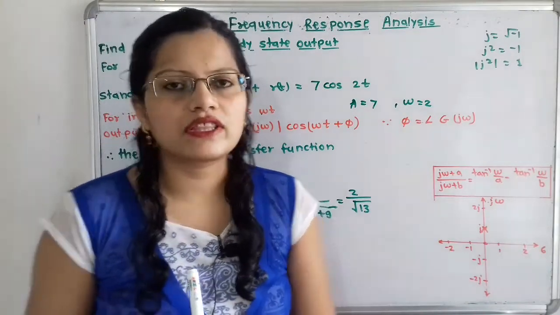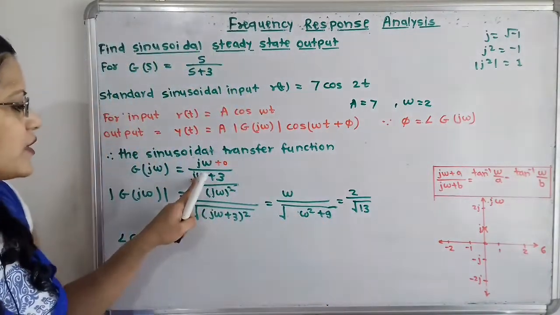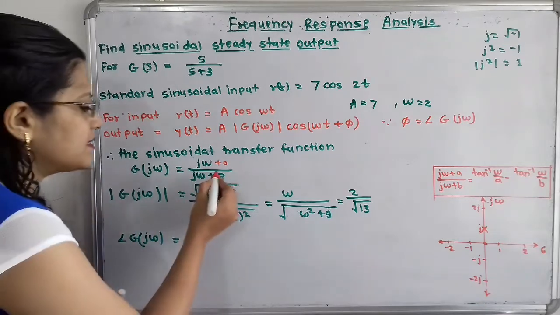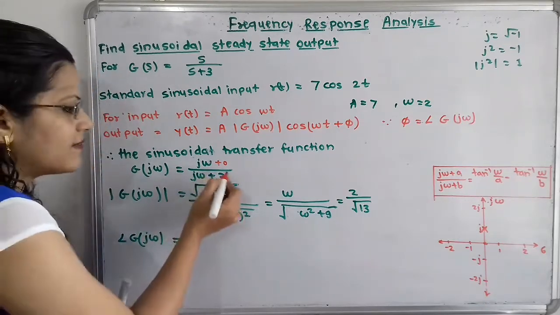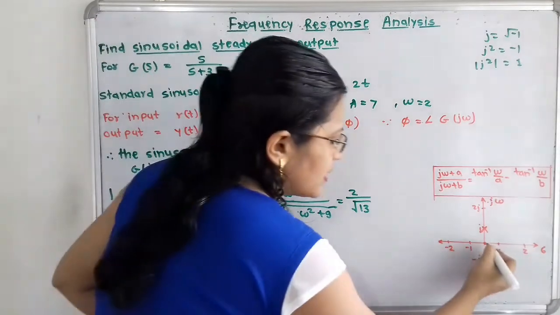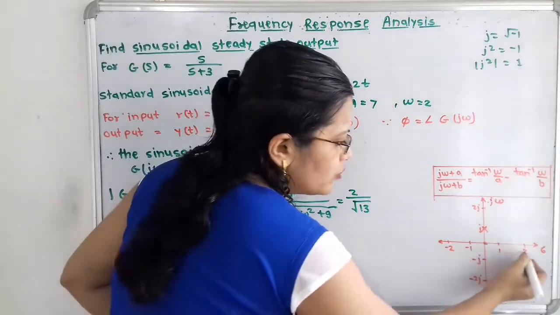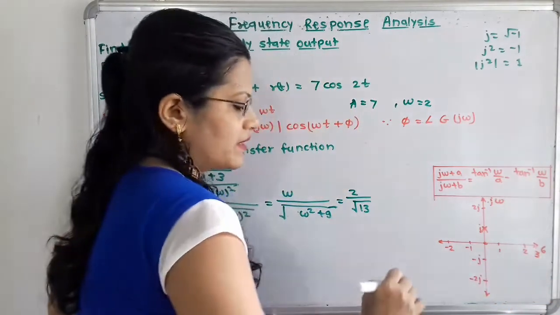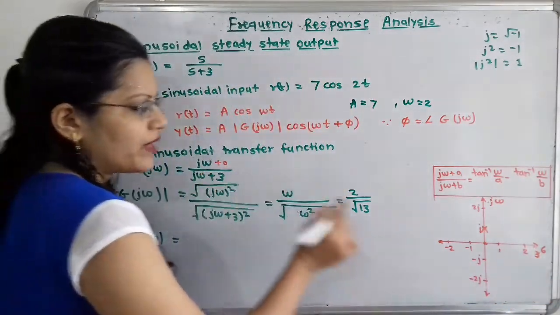Now we will move to the denominator angle, j omega plus 3. This 3 is a real number, so on the real axis, that is plus 3, 1, 2, here I will mark the number 3. Now where is j omega?